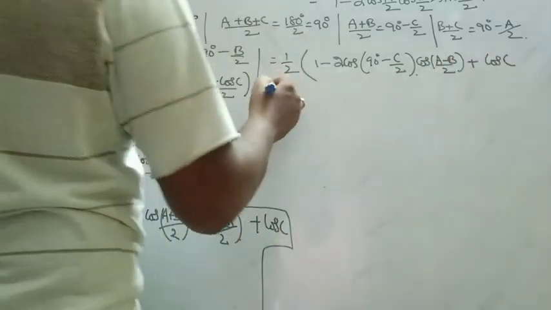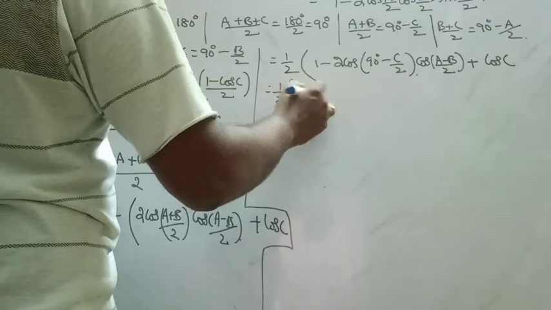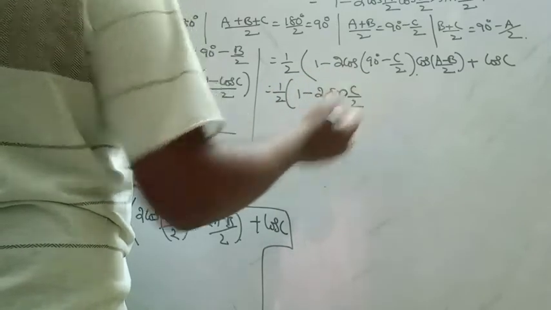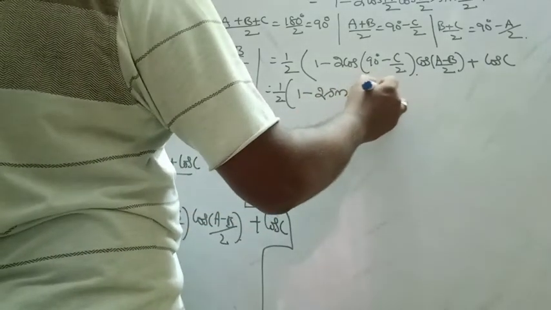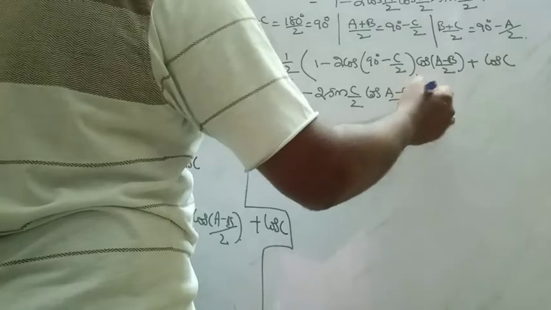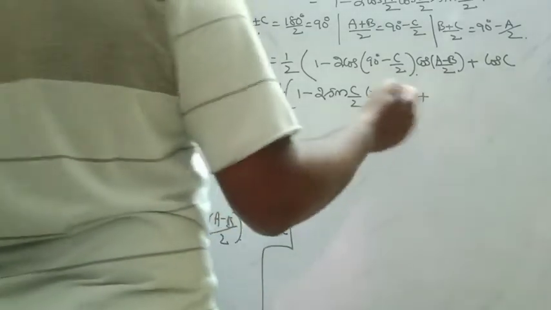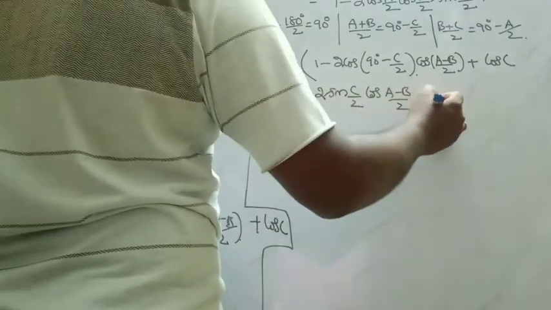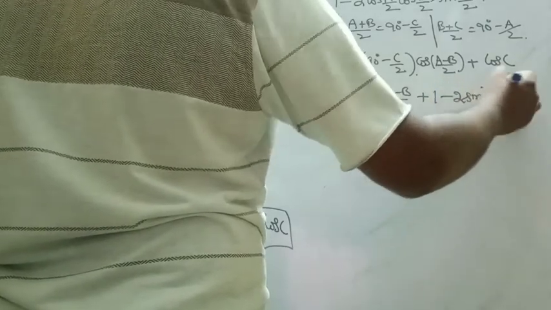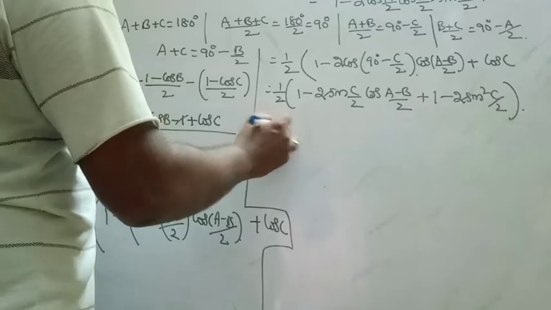Because cos C gives 1 − 2 sin² C/2, we write that.